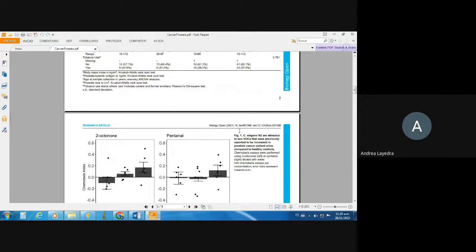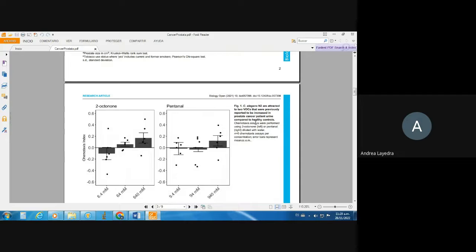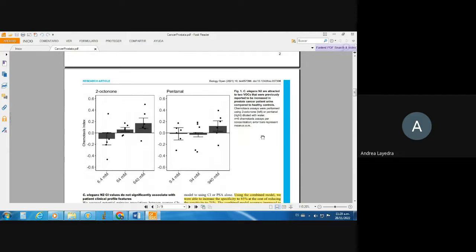Now, to determine if C. elegans displayed a behavioral response to candidate volatile compounds, they did chemotaxis assays using dilute 2-octanol or pentanol as test samples.